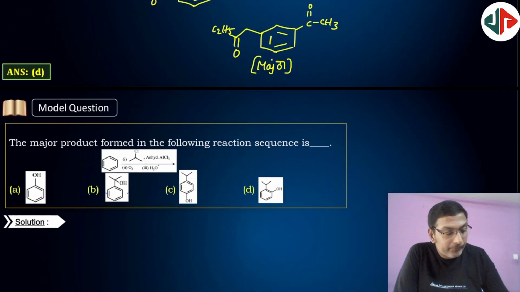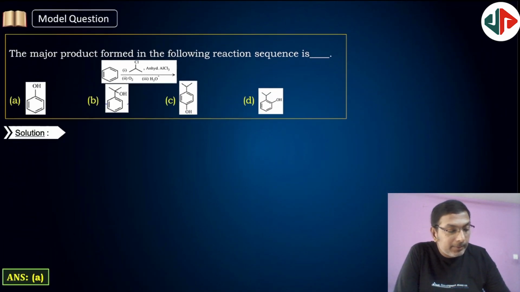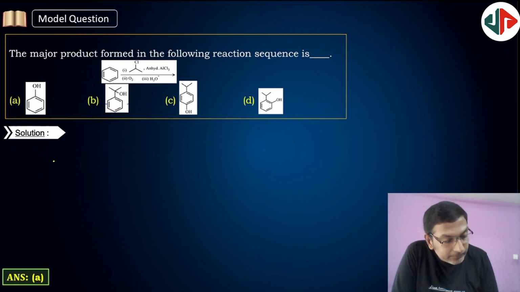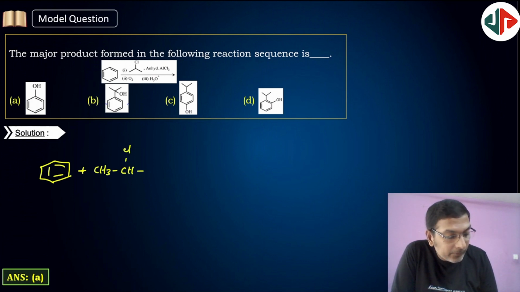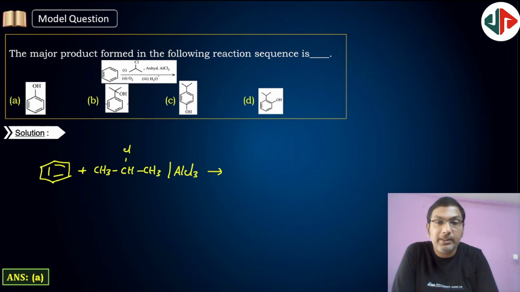Next. The major product formed in the following sequence is: first benzene plus CH3CHClCH3 in the presence of AlCl3. Friedel-Crafts alkylation reaction.